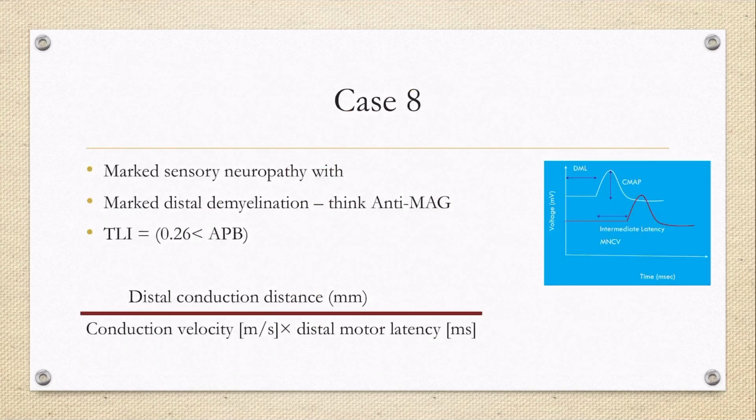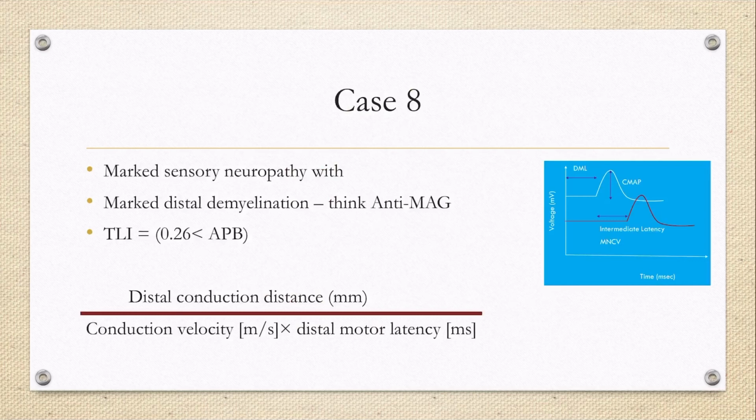So in this situation, we've got a marked sensory neuropathy, we've got marked distal demyelination, and you've got to start thinking about a paraproteinaemic gammopathy, anti-MAG. One of the hallmarks of this is this marked distal demyelination. There is a value called the terminal latency index, which you might see reported in certain labs.